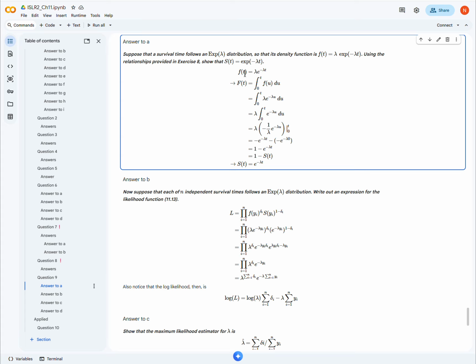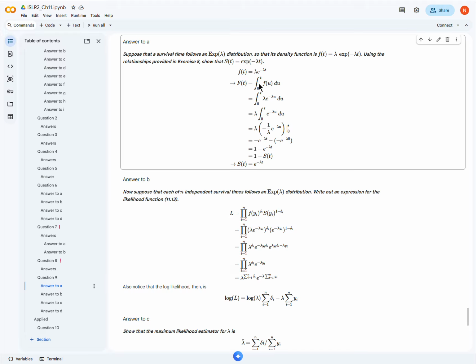I think we only use one relationship from up there, and the important relationship here is that the cumulative distribution of survival times is the integral from 0 to t of the density function.